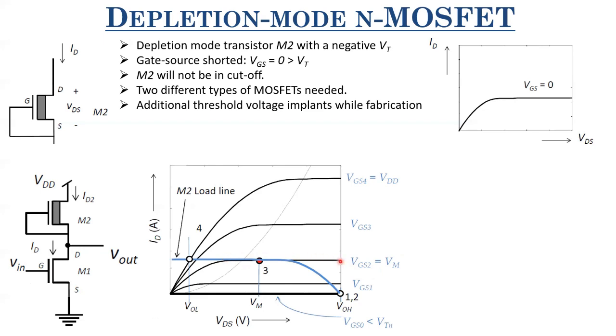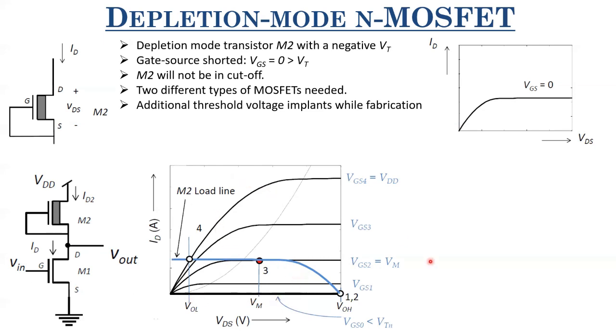And if your VGS changes slightly lower, the intersection is at this point. So even for a small change of Vin close to this VM value, you see the operating points are separated by a large value in Vout. So this gives you an ultra steep slope as well.